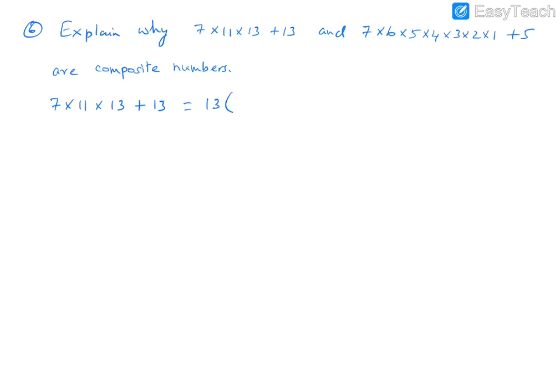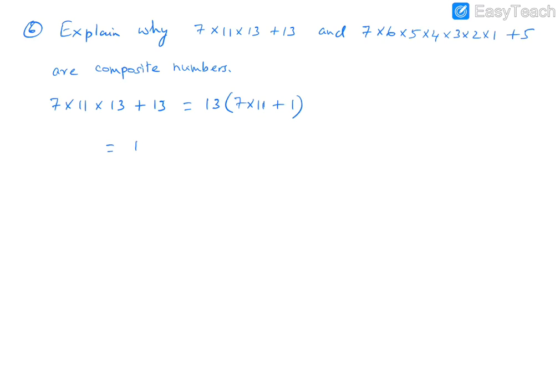So we have 13 into (7 into 11 plus 1), because we have taken 13 as a common factor. 13 into 7 into 11 plus 13 into 1 is 13, which is the same expression as on the left hand side.